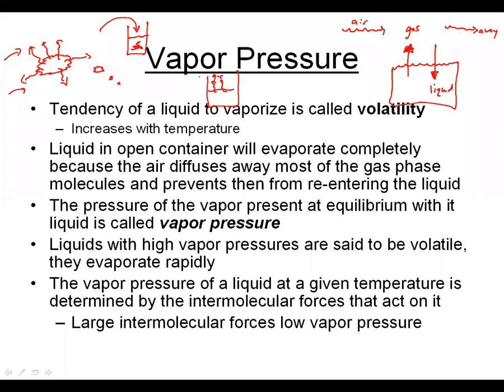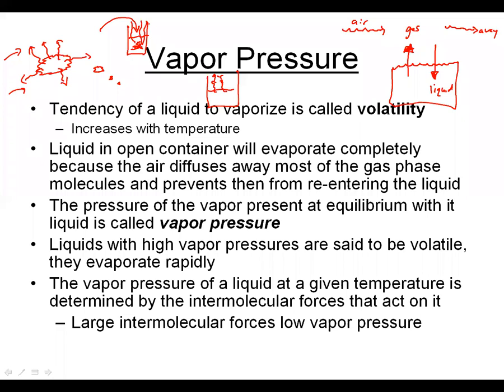That means they're pretty easily able to jump into the gas phase, and thus they would evaporate very quickly because they're very easily able to escape. And as they escape, they no longer will be available to come back into the liquid phase.